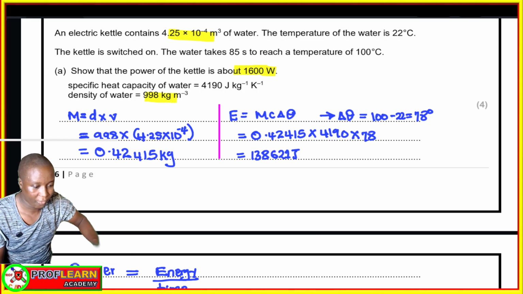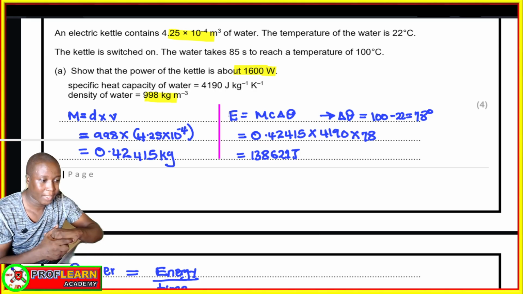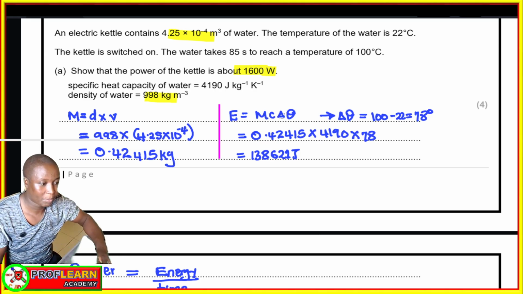So at this particular point, I worked out the mass, and then I said thermal energy is given by mc change in theta, mass times specific heat capacity times the temperature change, whereby the temperature change is 100 degrees Celsius minus 22. And if you work it out, the energy will be 1386.21 joules.